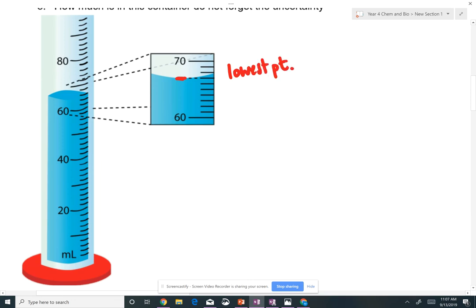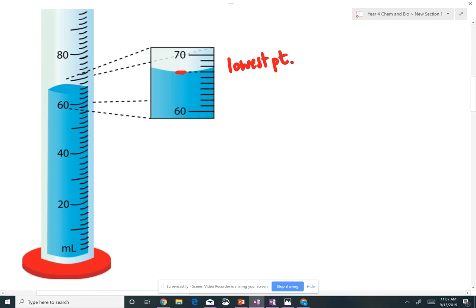Then you need to figure out where on the scale that point is. Okay, so we have 60, 1, 2, 3, 4, 5, 6, 7, 8, 9, 10. Each of these marks is about 0.1. So I go 61, 62, 63, 64, 65, 66, 67. So I see that it is 67 milliliters for sure.